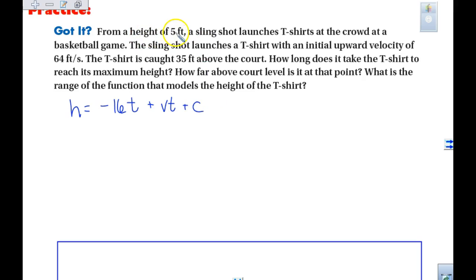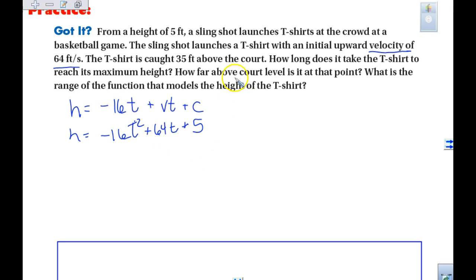It says from a height of 5 feet, so we already know c is plus 5. It says they are using a slingshot and the velocity is 64 feet per second. So we also know this is 64 t. The first part stays the same: h equals negative 16 t squared.